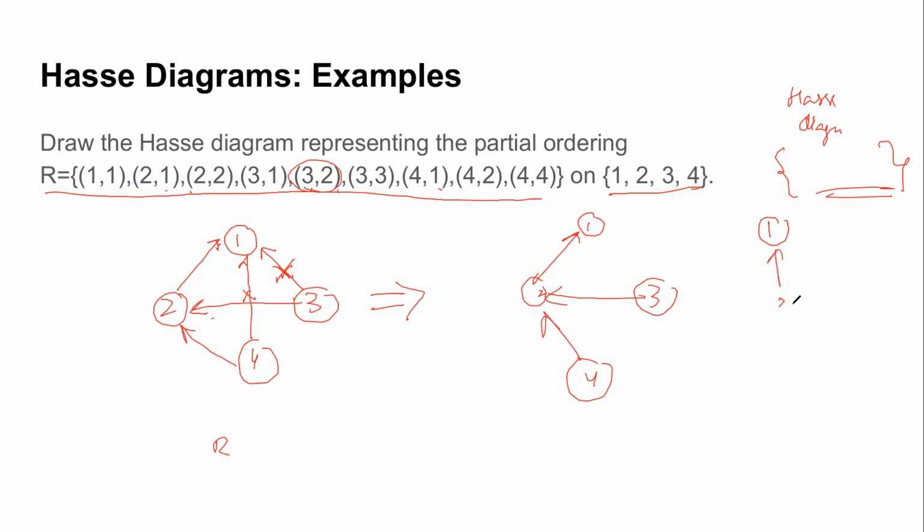I have 2, and I have 3 and 4 on same level, right? So this is the Hasse diagram. I have 1, right? So did everyone get the same diagram? Right? 1, 2, 3, 4. Because all arrows are assumed to be upwards. Is this clear how to make a Hasse diagram?